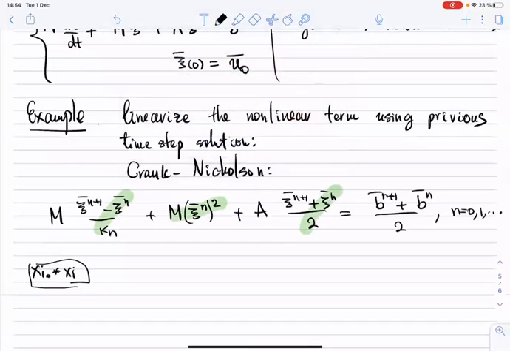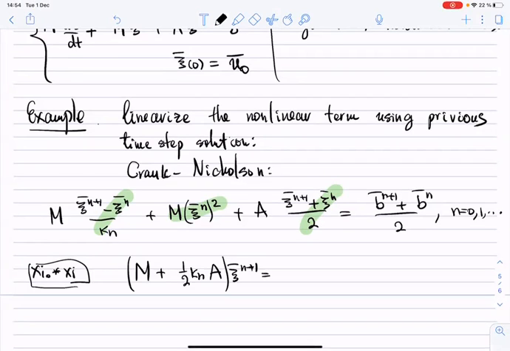And if you simplify it, on the left, everything multiplied by kn, we have this equation on the left. We have M plus 1/2 kn A times psi n plus 1.